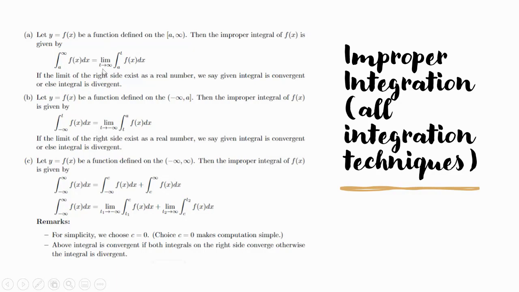Then you would use the limit as b approaches infinity to solve the equation that you've got. You find the limit, and based on whether you get a number or not, you will say whether it's convergent or divergent.